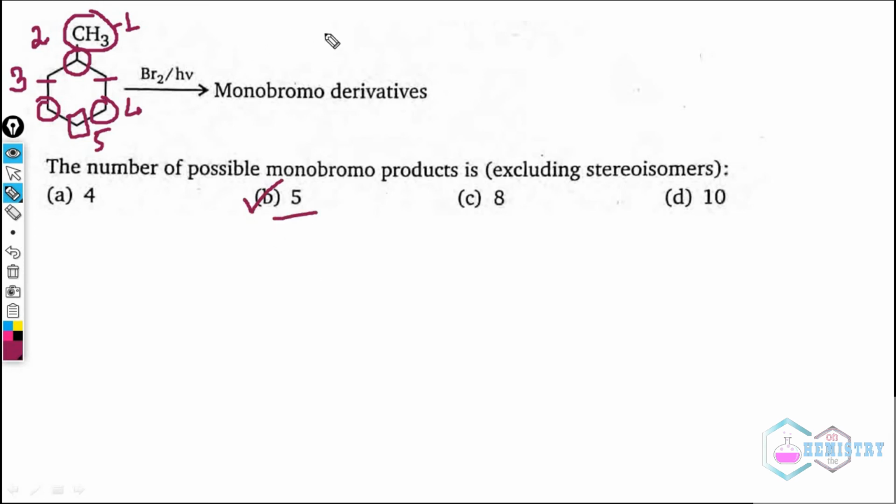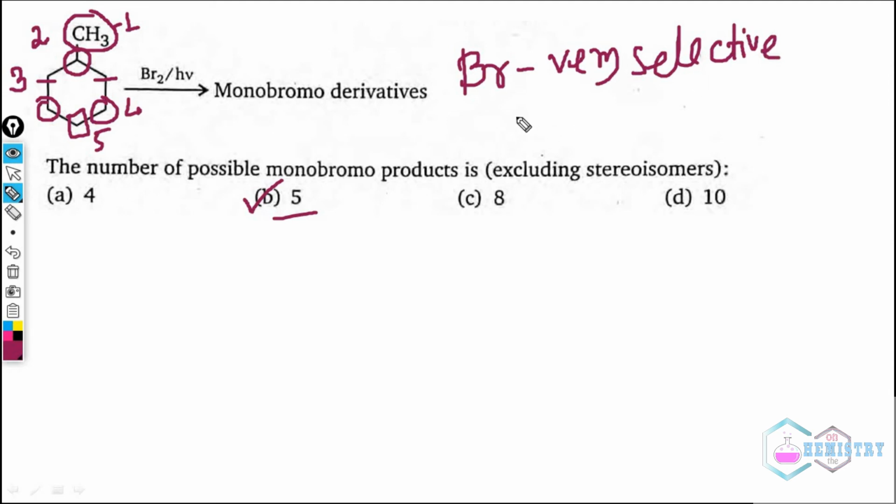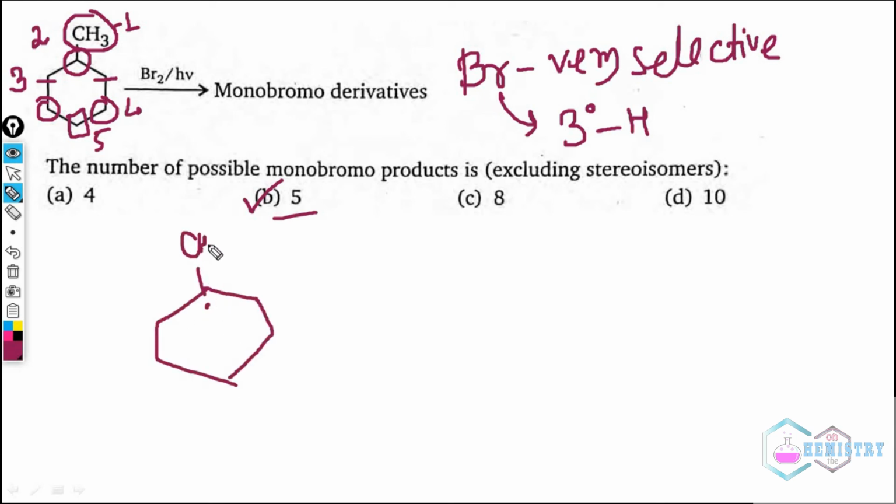But we have to remember that bromine is very selective, and it preferably reacts with a 3-degree hydrogen, because if this 3-degree hydrogen is removed, it forms a 3-degree radical, which is very stable.